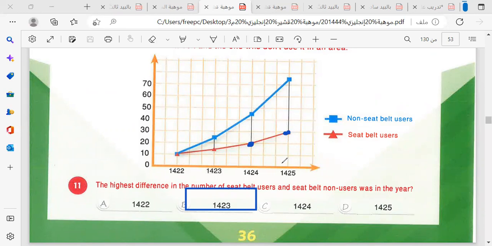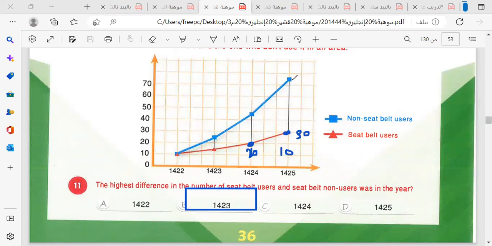Yeah, here now 1425. What is it here? It will be 30, right? And here, what is here? 1424. It is what here? 20, right? What is the difference between them? 10.